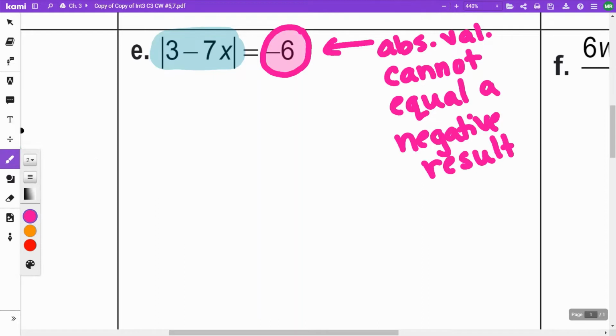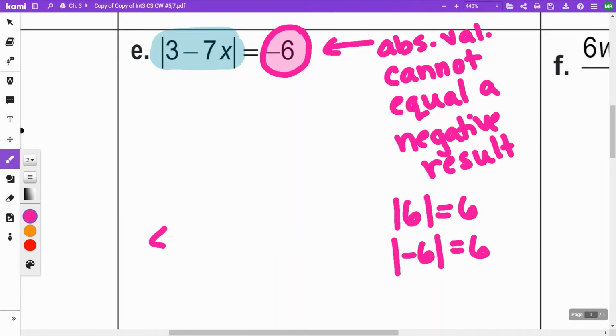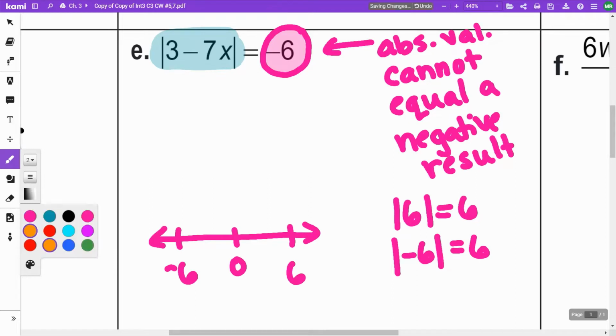Okay, so just so you understand, if I was to have taken the absolute value of 6, I would have gotten 6. If I took the absolute value of a negative 6, I also get 6. Because on a number line, if I have 0 and I have negative 6 and 6, how far am I from 0? I'm 6 away.